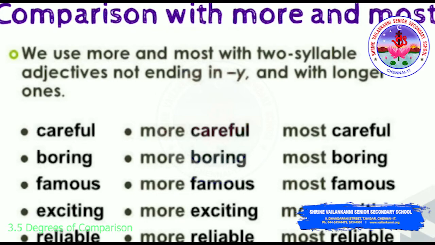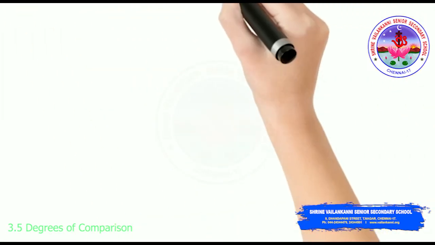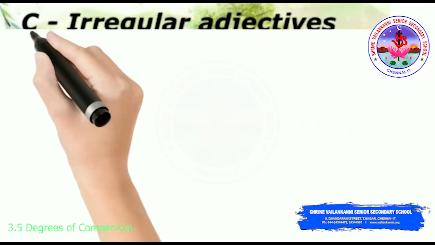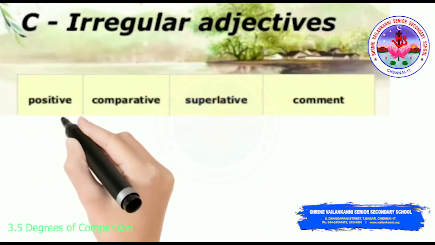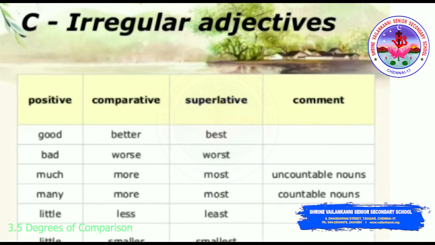The next one, C. It is like irregular adjectives. Here we should not add ER and EST or more and most. When we are using comparative and superlative degree for the irregular adjectives, the word itself changes. For example, good, better, best.